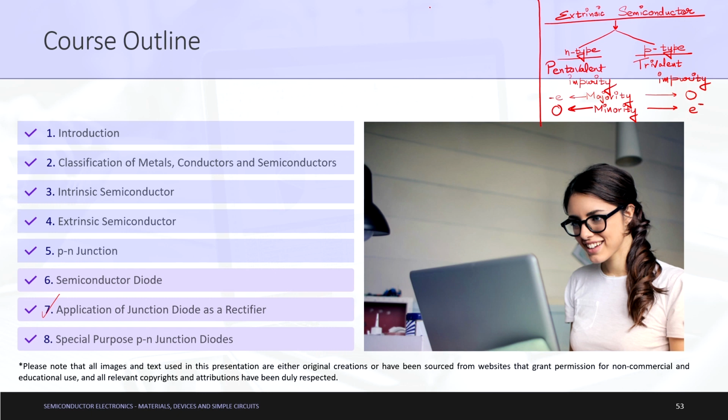Moving on to the p-n junction diode. What did we understand in the p-n junction diode? Let us suppose this is the p-n junction being made. This is basically your p, this is basically your n, and here you can find a depletion region being formed.